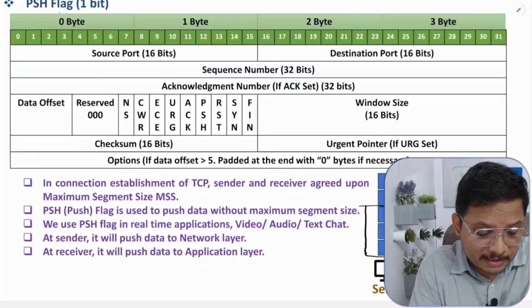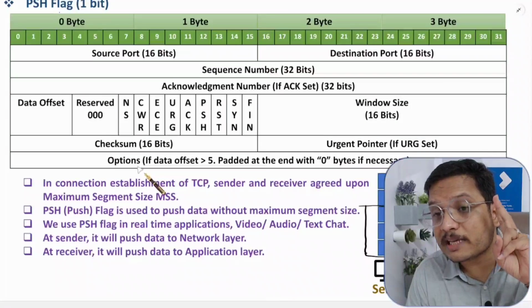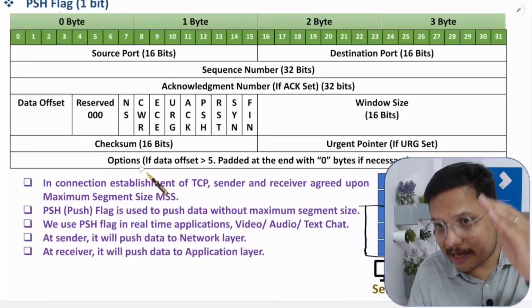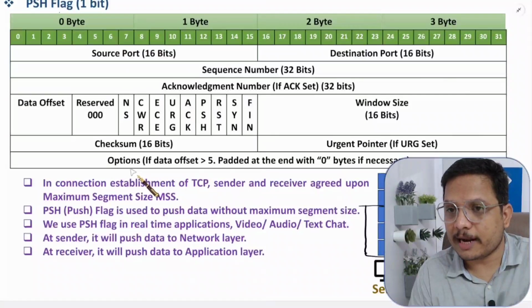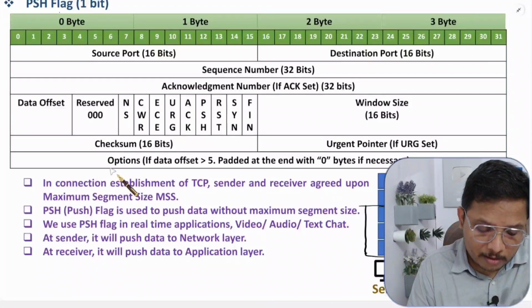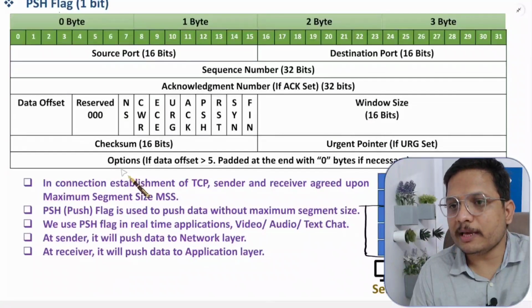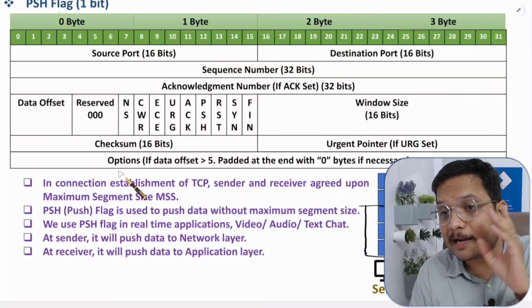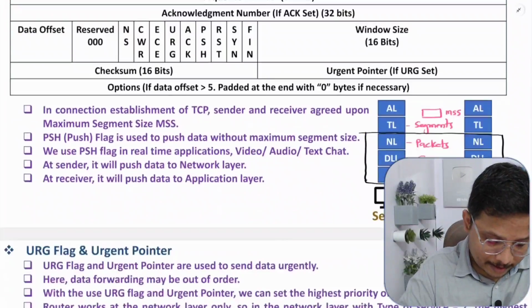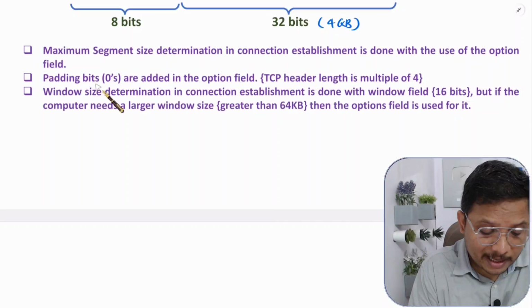The TCP segment header ranges from 20 bytes to 60 bytes, and that variation belongs to options. So a multiple of 4 should hold for options too. If you have 1 byte, then another 3 bytes will be padded with zeros. That is how options work with padding bits.